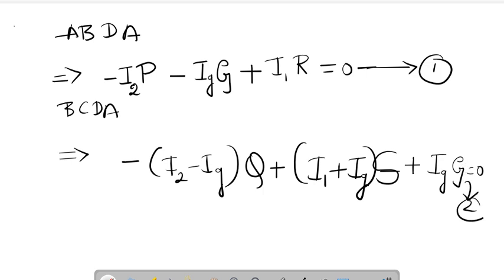So this is equation number 2. In the case of a balanced Wheatstone bridge, no current will flow through the galvanometer. Therefore, Ig will become 0. So apply Ig equal to 0 in equation number 1 as well as in equation number 2. What will happen?